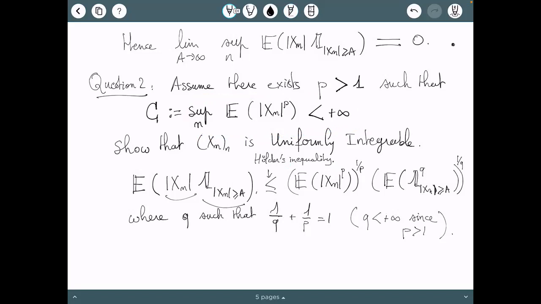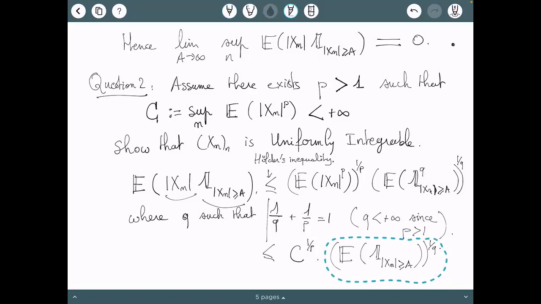So I get that this guy is less or equal to C to the power 1 over p times the expectation of the indicator function of Xn bigger than a, to the power q. But it is an indicator function, so it doesn't change if I take the power q or not: 1 to the power q is 1, 0 to the power q is 0. So it is the same as this one. Now it remains to bound this guy by something which is independent of n. So what do you propose to bound this guy?